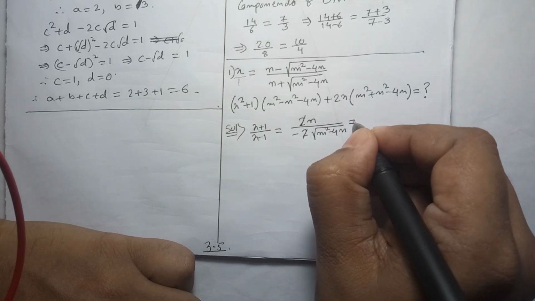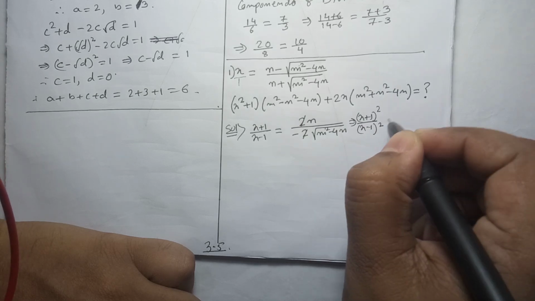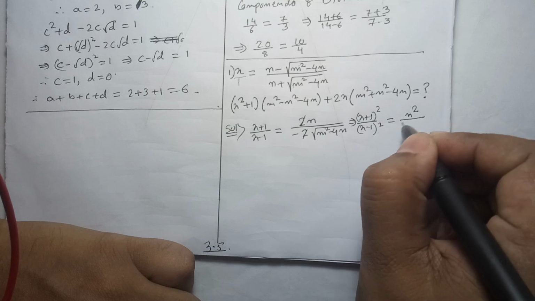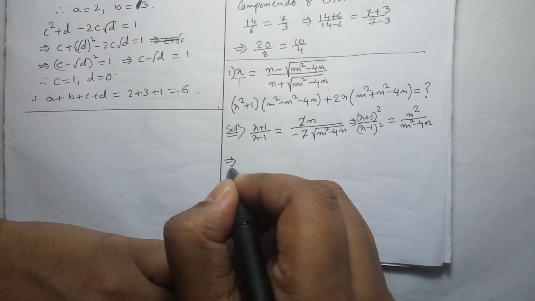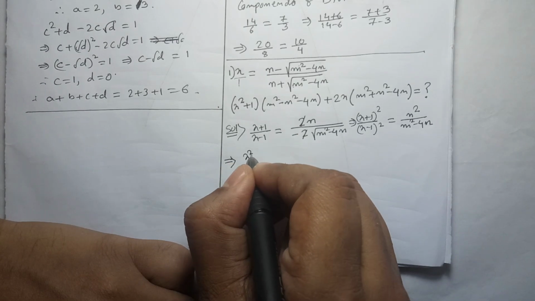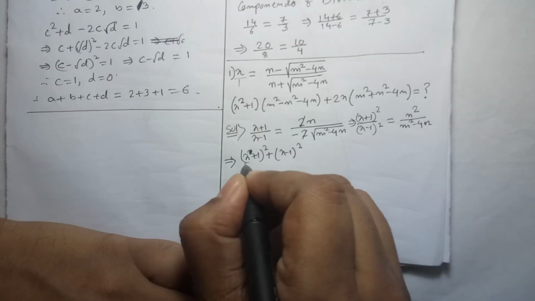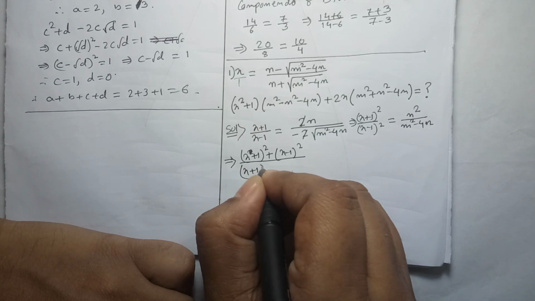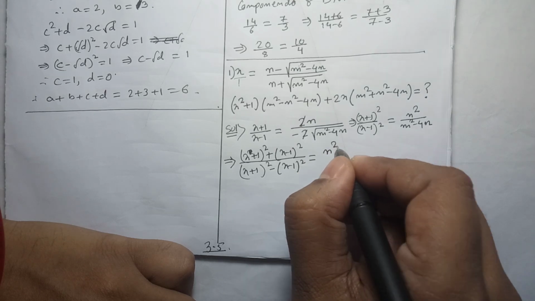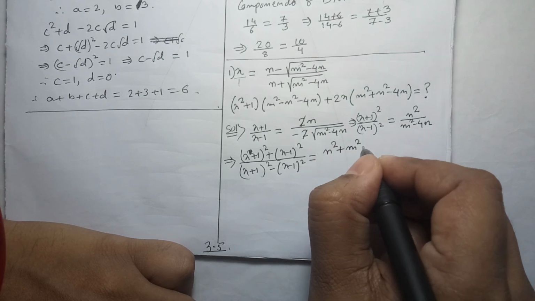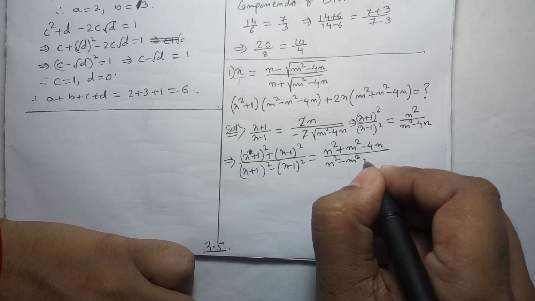If I do the whole square, what do I get? x plus 1 whole square by x minus 1 whole square is equal to n square by m square minus 4n. This implies x plus 1 whole square plus x minus 1 whole square by x plus 1 whole square minus x minus 1 whole square is equal to n square plus m square minus 4n, divided by n square minus m square plus 4n.